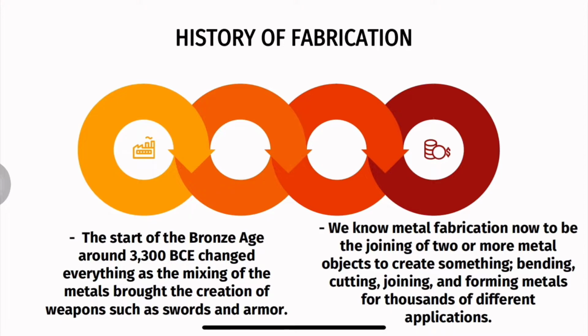As we know, metal fabrication now is the joining of two or more metal objects to create something: bending, cutting, joining, and forming metal for thousands of different applications. So this fabrication process is multi-purpose. Okay, that's all. Thank you.